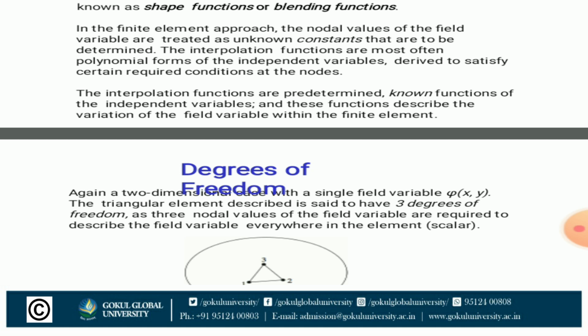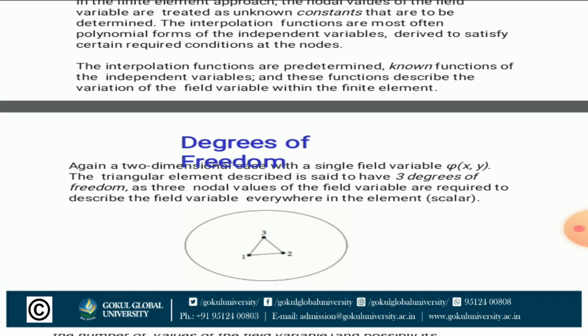So, as we know, degree of freedom is identified by the nature of the problem. In FEA, take a two-dimensional case with a single field variable, phi of x and y. The triangular element is said to have 3 degrees of freedom, as 3 nodal values of the field variable are required to describe the field variable everywhere in the element, in the scalar quantity.